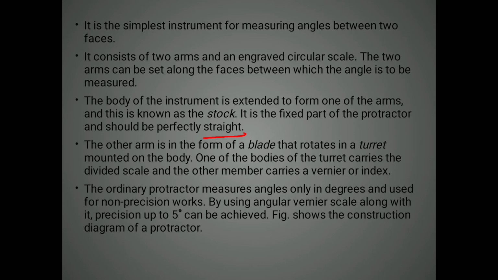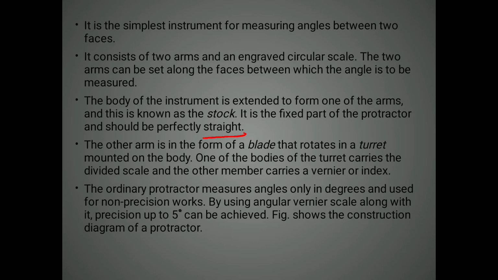The other arm is in the form of a blade that rotates in a turret mounted on the body. One of the bodies of the turret carries the divided scale, and the other member carries the vernier or index.